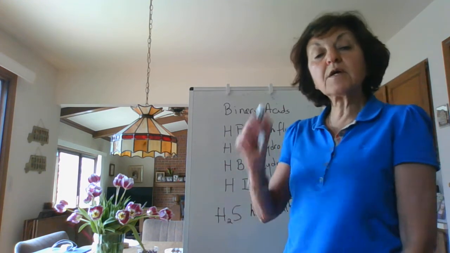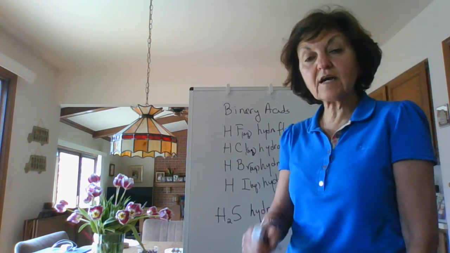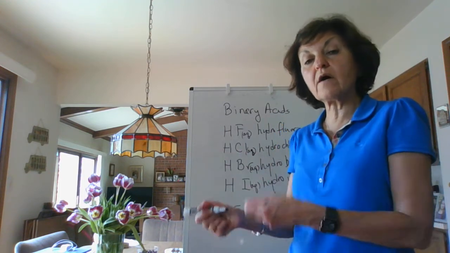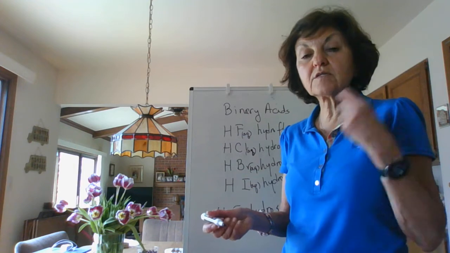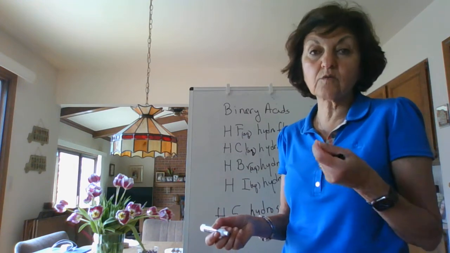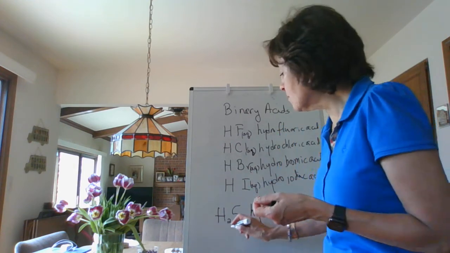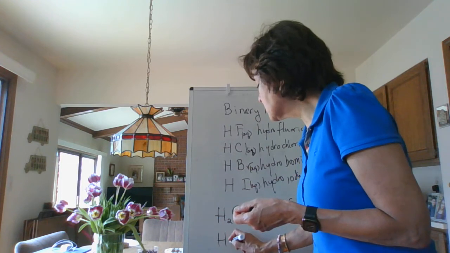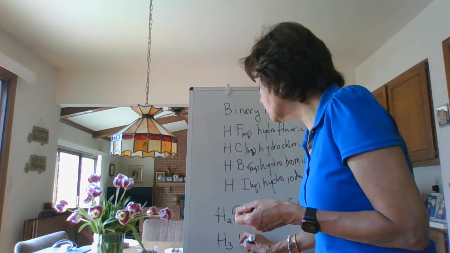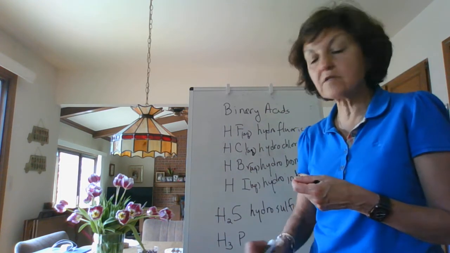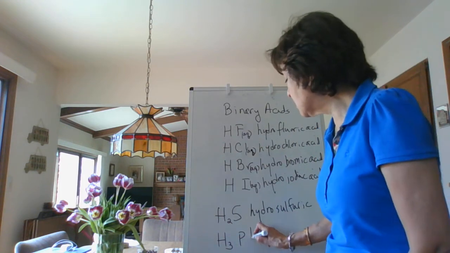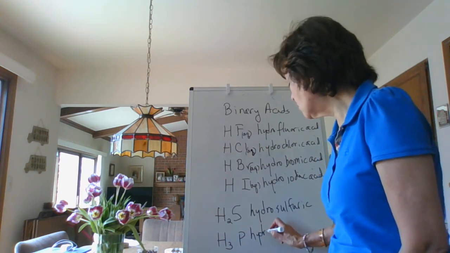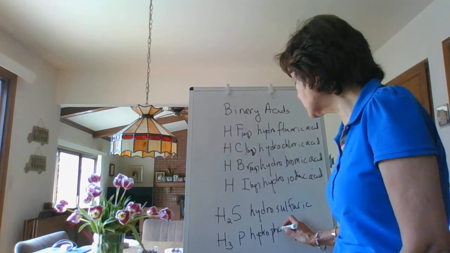Why hydro? Because it's binary. Anytime you have a hydrogen with just one other nonmetal, it's called a binary acid, and you have to use the word hydro. Another one you should know is if I put 3 hydrogens with a phosphorus, this would be hydrophosphoric acid.